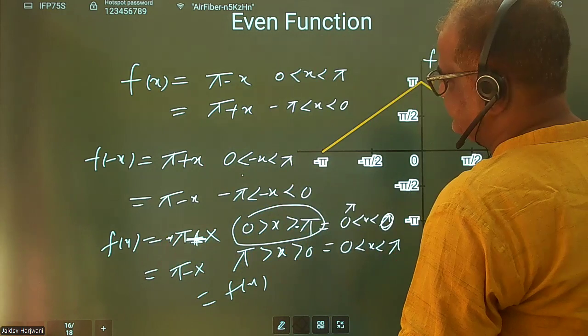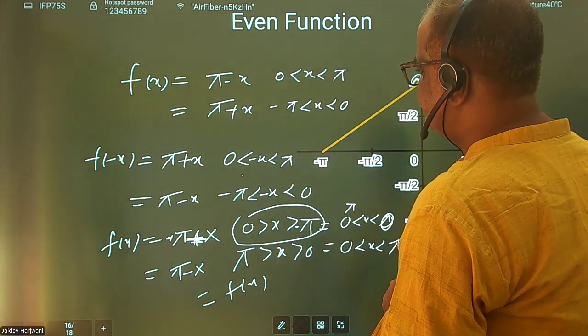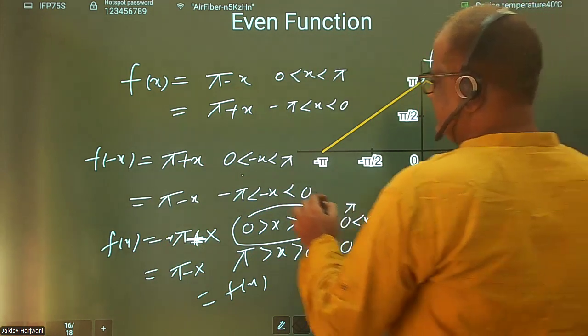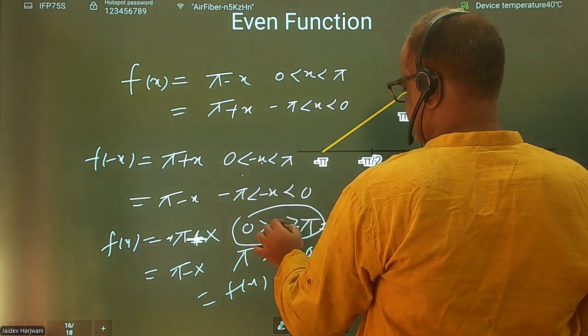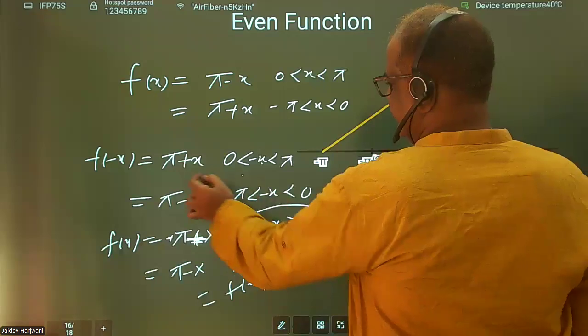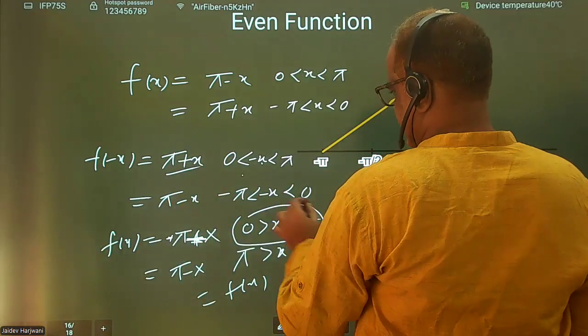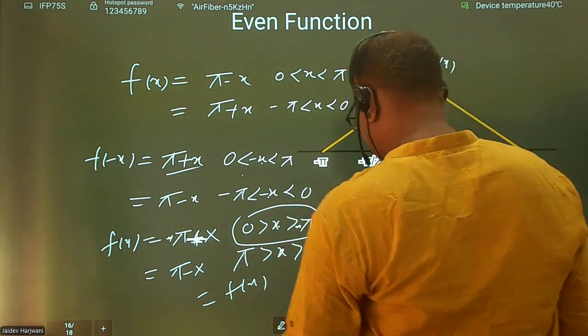So if I change the inequality, this remains 0, x, and this becomes −π. So −π to 0, this becomes π + x. This is correct. And here minus 1, if it is plus 0, so this is also correct.